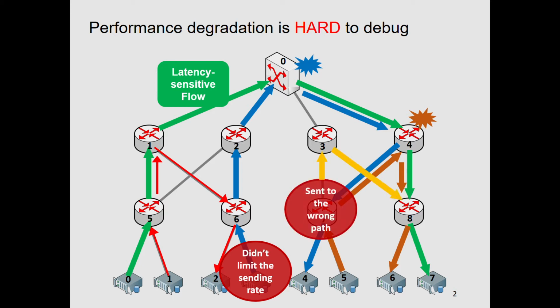If we take the yellow path, it will not contend with the green flow. In this case, the green flow is a victim flow who experiences high latency due to multiple contentions along its path. But the problem is hard to debug because the root causes are located at different places across the whole network.